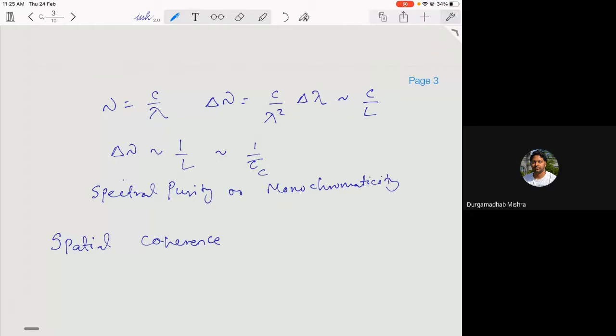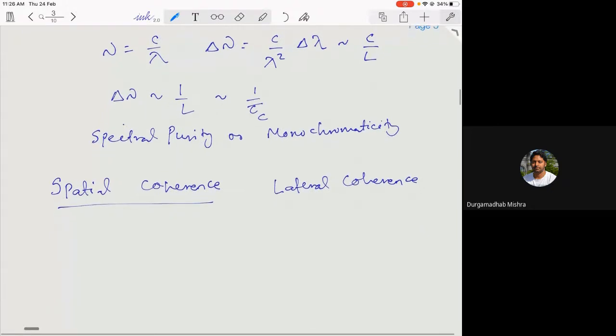This is known as spatial coherence, or sometimes lateral coherence. The earlier one describes how monochromatic the light is. And this one talks about, if you have an extended source, what is the phase relation when a wave comes from one point of that source compared to another point.